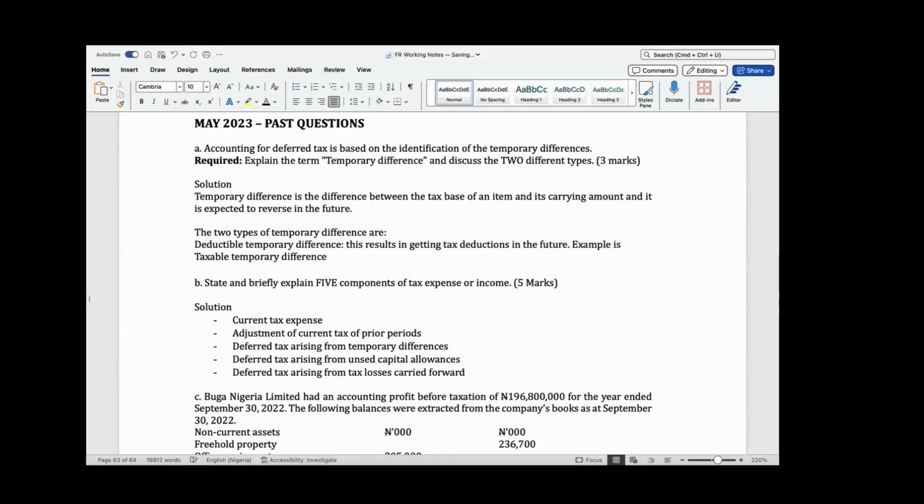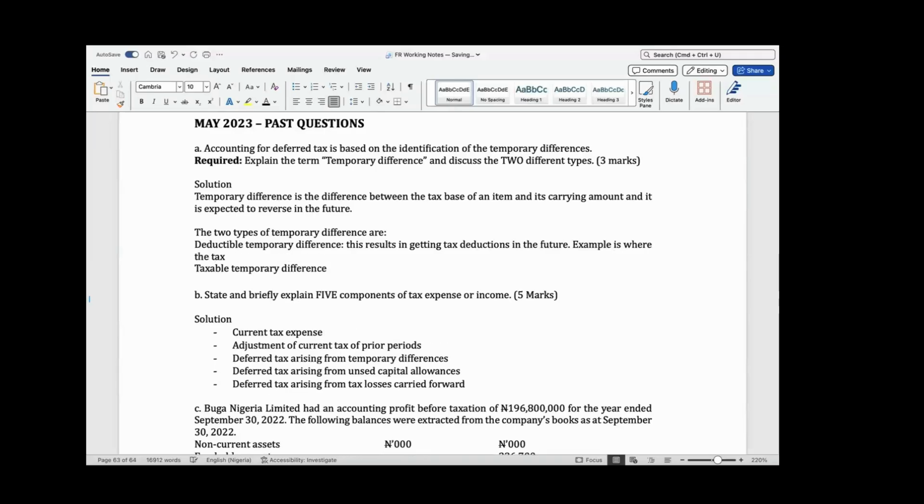An example is where the tax base of an asset is higher than its carrying amount.